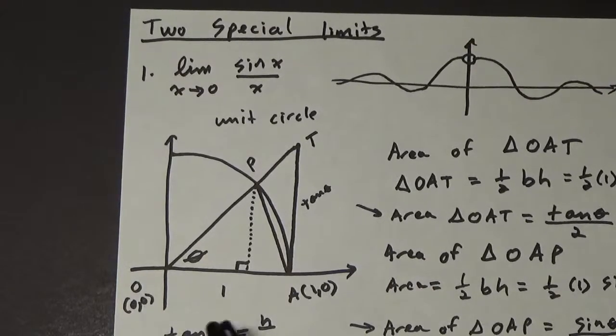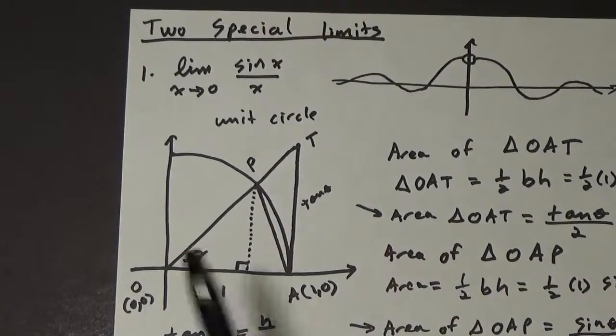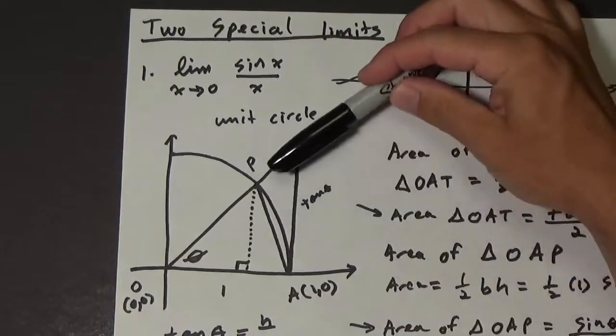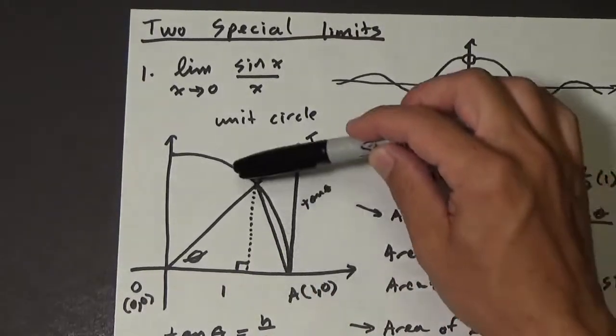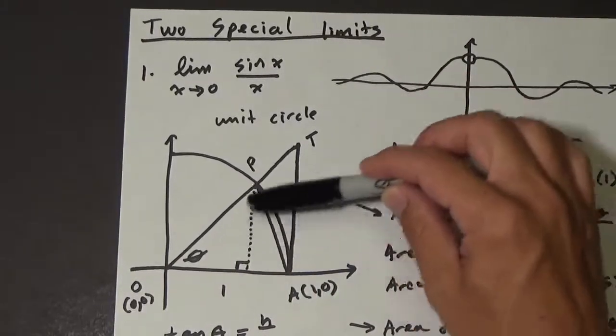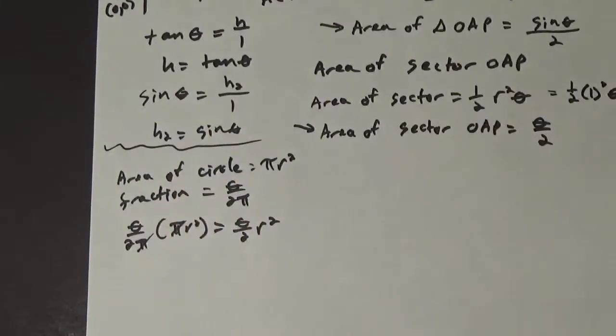And also notice that triangle OAP will always be the smallest triangle. And that no matter what angle I choose, this sector OAP will always be in between the areas of these two triangles. So let's write that out.